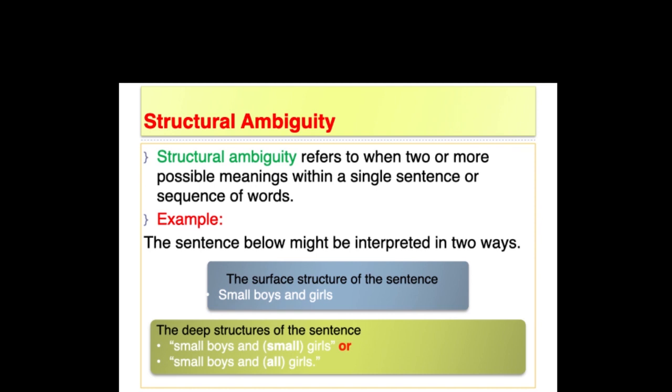So there is a kind of structural ambiguity in the sentence, which means that the surface structure states this, but in terms of the deep structure and how we are going to interpret it, it might be interpreted in two different ways or even many different ways.